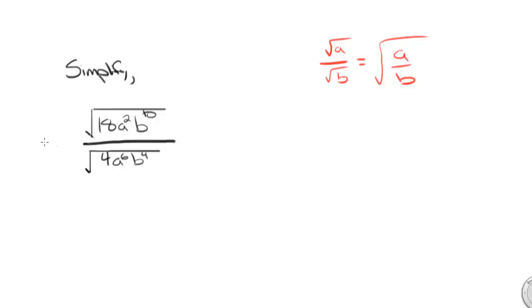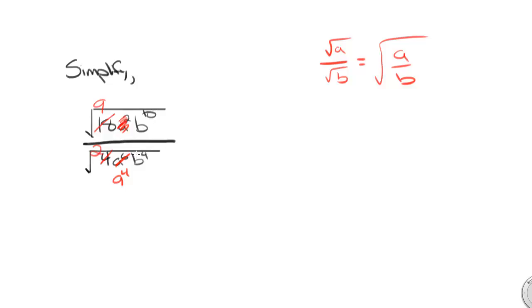And so what that means is I can cancel, for instance, between the 8 and the 18 and the 4, I can cancel the common factor of 2 and get a 9 up there and a 2 down there. I can cancel two sets of the a between the numerator and the denominator, get left with an a to the 4th down here. And then I can also cancel, let's see, a b to the 4th, a b to the 10th.